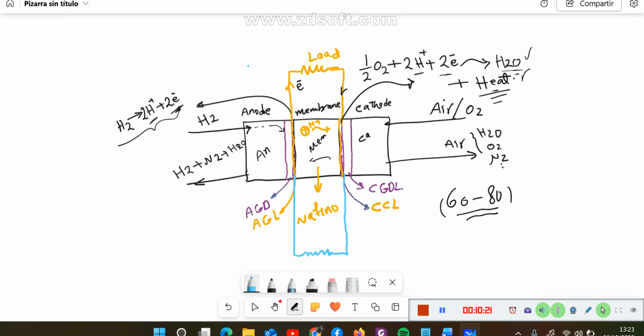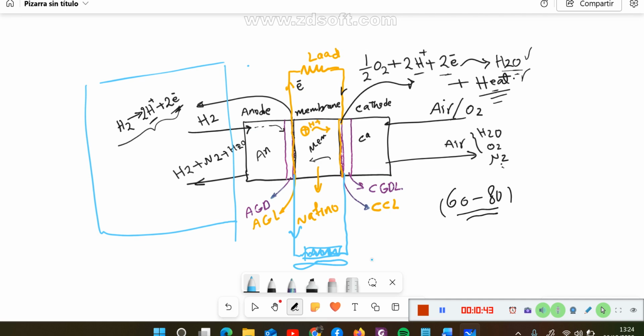So we have a fan here, we have the radiator here, and we have a cooling system here that cools down the stack.